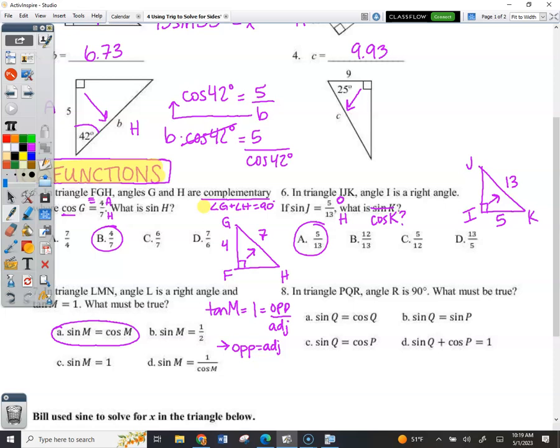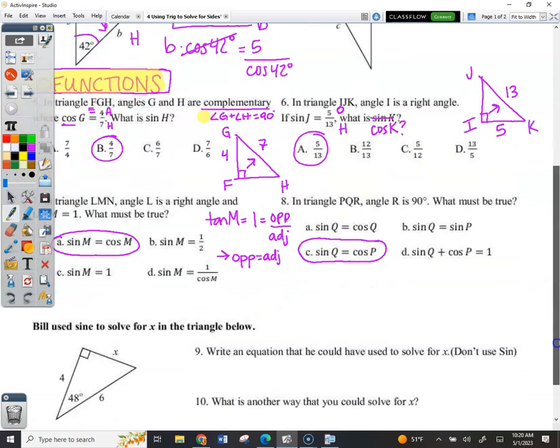Which one did you pick? C. It's not A, because A was both angle Q.